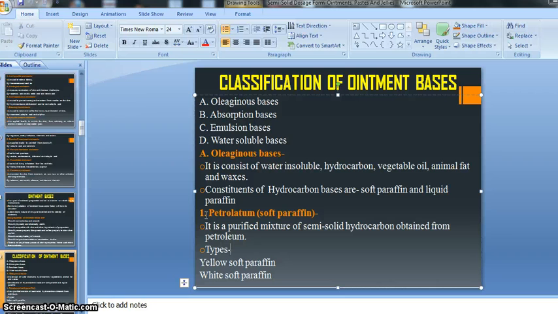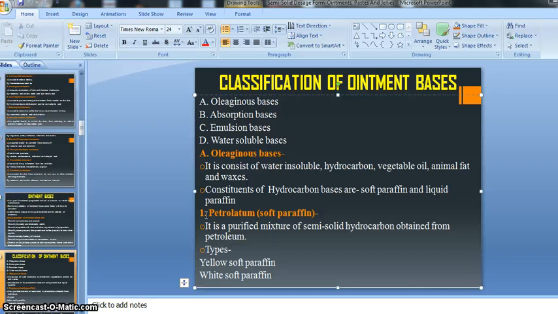Let's see. Today's topic is the classification of ointment bases from the oleogenous base, that is petrolatum. Not petroleum, it is petrolatum. So soft paraffin.